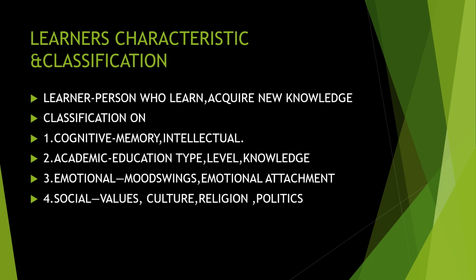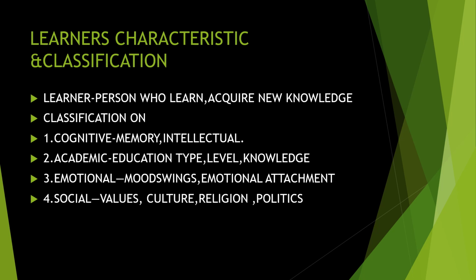Okay, four levels are there. What are the four levels of a learner? That is the characteristics of the learner. The first one is the cognitive level. The IQ level is different for different students. That is why some people are able to acquire knowledge easily, just by hearing it one time. Some take a long time.